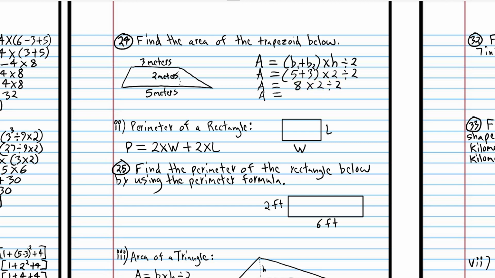It's not going to affect the answer. But remember, just keep that rule. If you had division first, then multiplication, and you didn't do it in the right order, then you get the wrong answer. But you don't have to remember that. All you have to remember is just move left to right when you have multiplication and division. So multiplication first, then division, and you get 8 is your final answer.